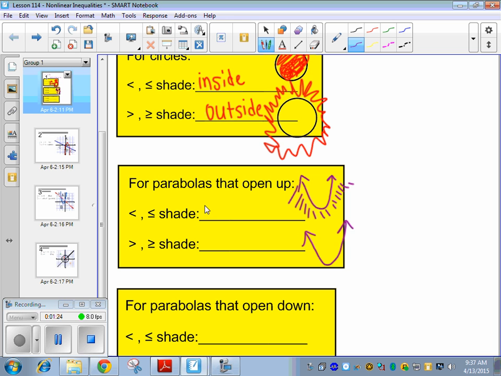Less than means shade below, or you might think that's kind of outside of the parabola. And if it's going up and we're shading above, that means inside the parabola.